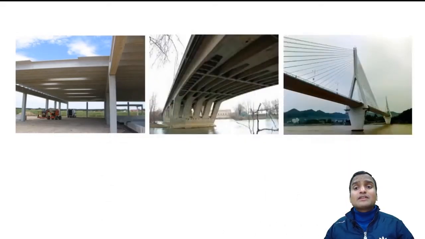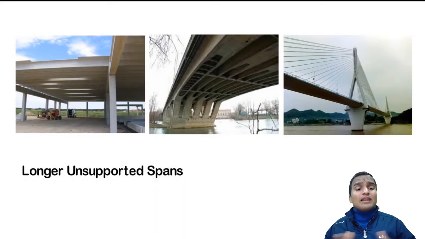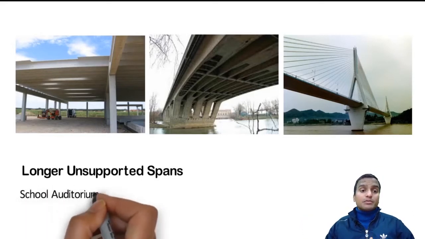So this is the basic understanding of pre-stressed concrete, and with the help of pre-stressed concrete we can design different elements like slabs, girders, longer span bridges, and these all can be longer unsupported spans. See, we are going for longer spans, and that too unsupported, without any support in between.